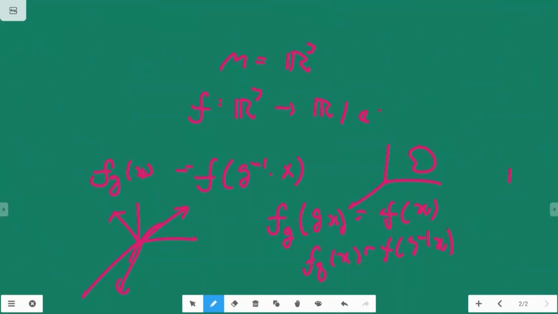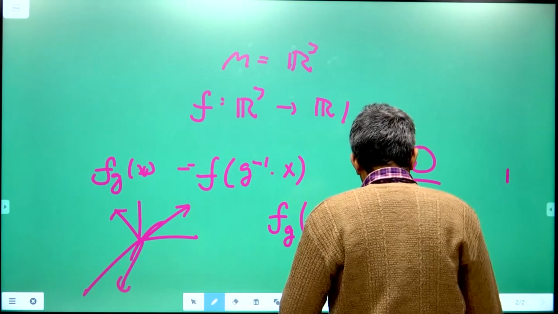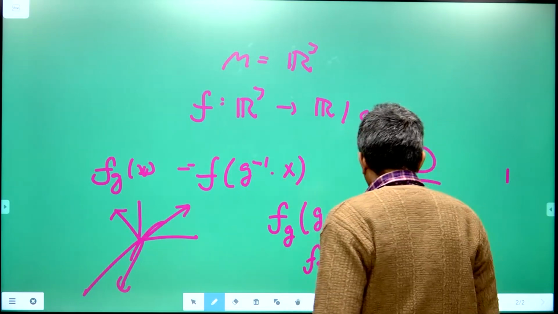On the other hand, if you rotate the coordinate system by an amount g, it is equivalent to applying the inverse rotation, g inverse, to the original object, so instead of f of g inverse x, you will get f of gx.